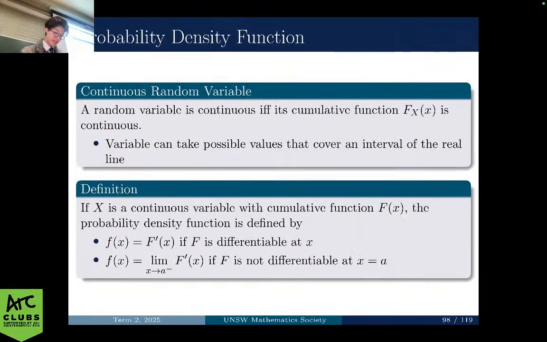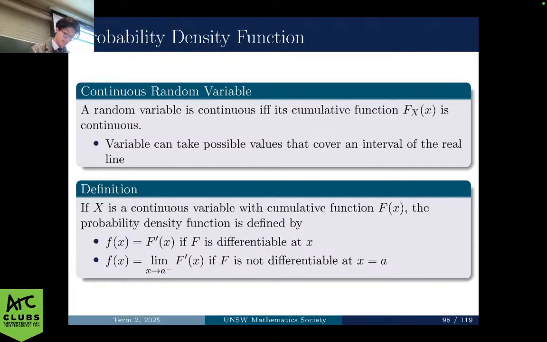So a probability density function is very similar to a probability mass function, except a probability mass function is assigned to discrete random variables, but probability density functions are assigned to continuous variables.